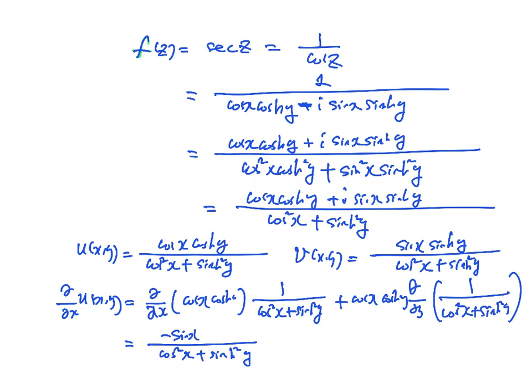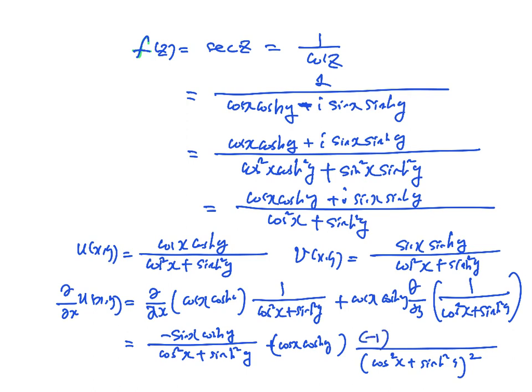On the other hand, for this one you need to square the denominator first, put a minus sign, and then differentiate it, which gives 2 sine hyperbolic square y.